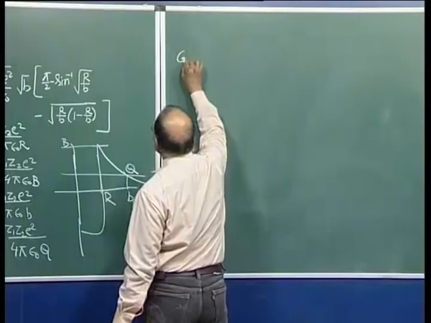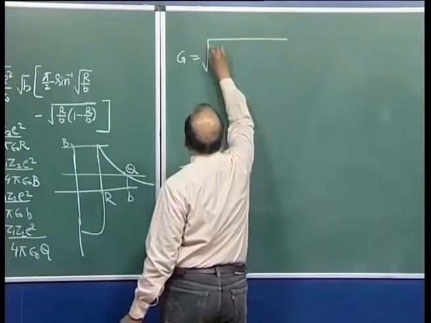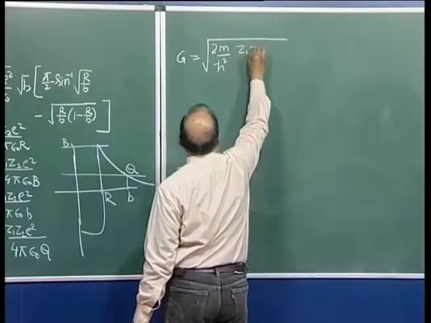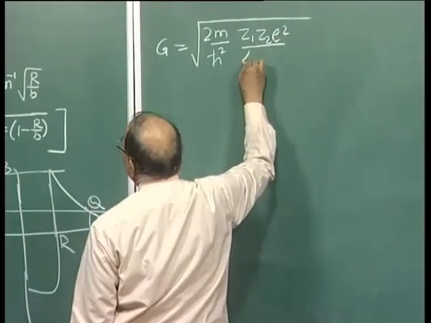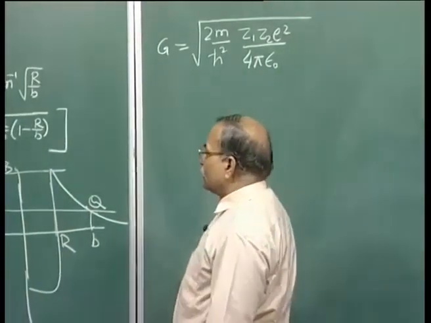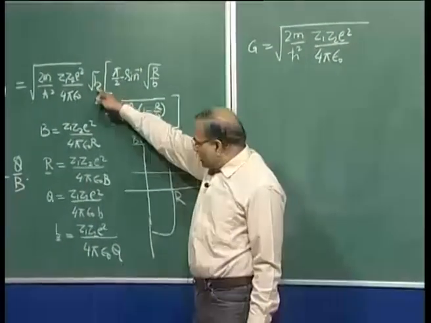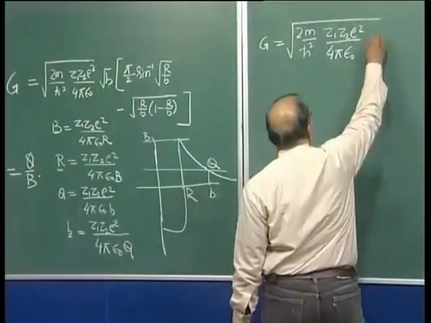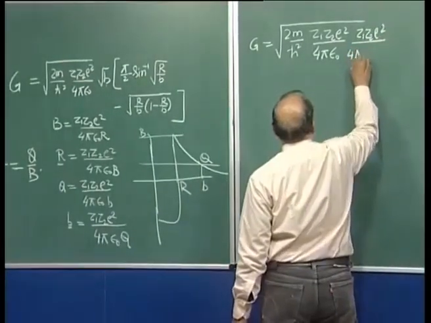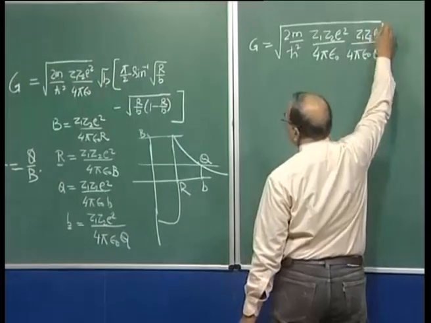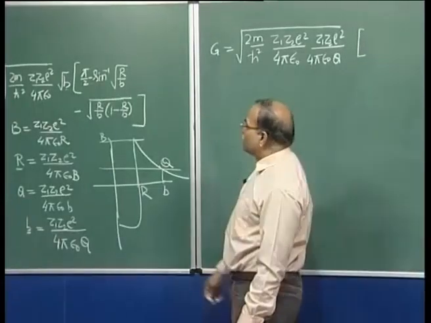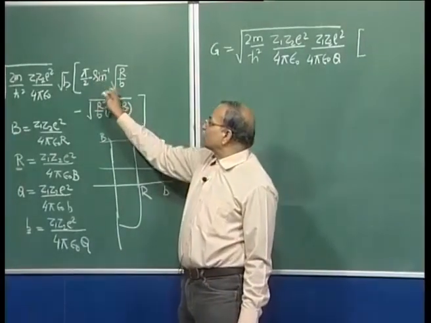So, G is equal to square root of 2m over h cross square, Z1 Z2 e square by 4 pi epsilon naught, and then the square root of small b, and the square root of this small b is here. So, it is Z1 Z2 e square by 4 pi epsilon naught capital Q. Then inside the bracket you have pi by 2 minus sin inverse, which is cos inverse, right.